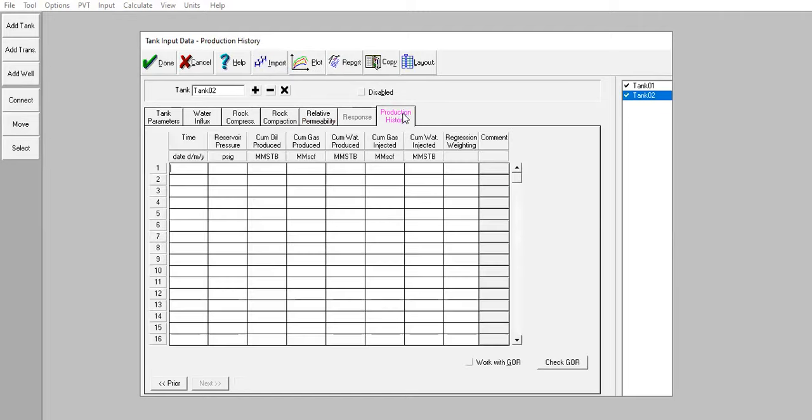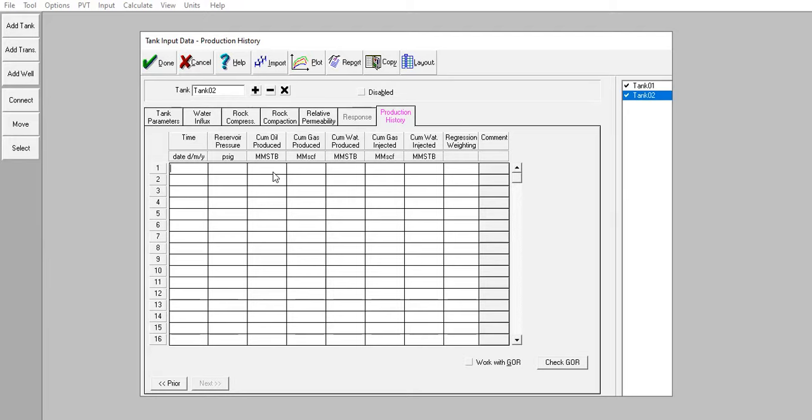All right. Again, we can skip the production history. The production history from my well will be allocated to each tank, including tank 2. Okay.